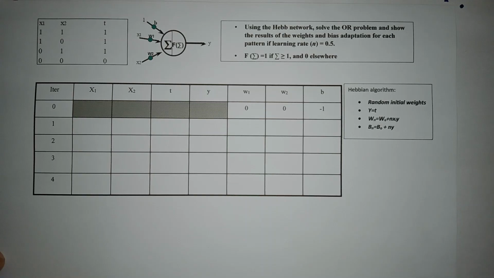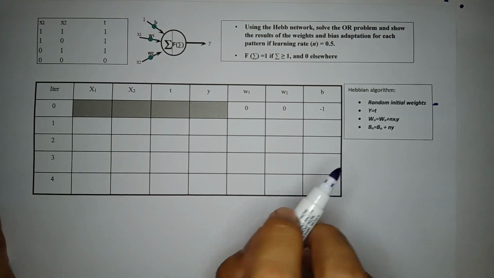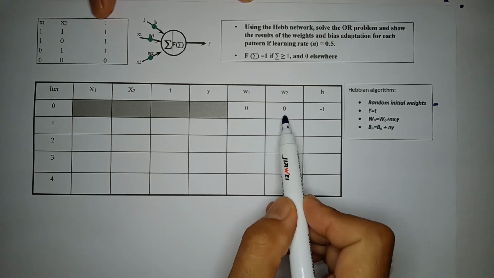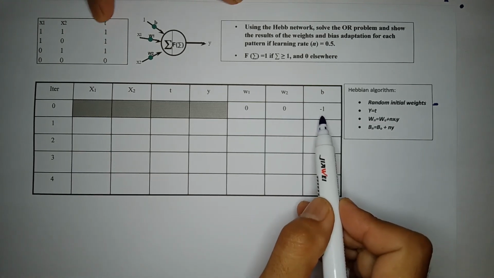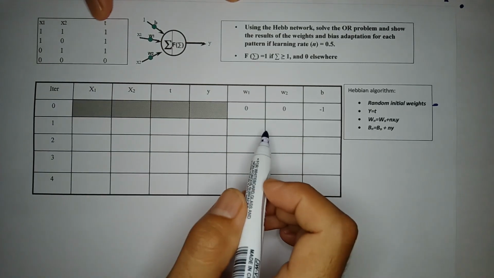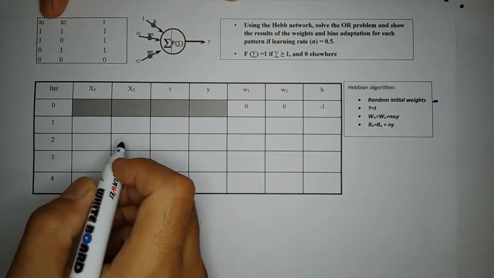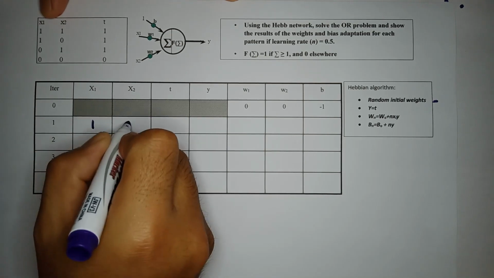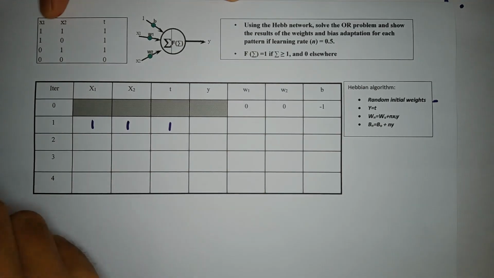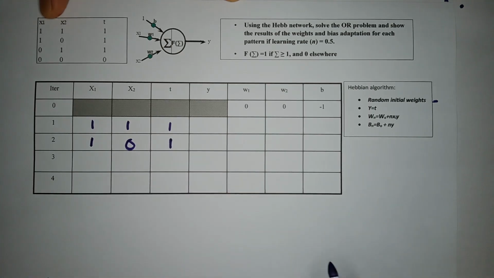So let's get started training this algorithm. For the first step, we give some random initial values. In this case, W1 equals 0, W2 equals 0, and bias equals -1. First we fill up all the inputs in the table. The first sample is x1, x2 = 1 1 with target 1. The second is 1 0, target 1.